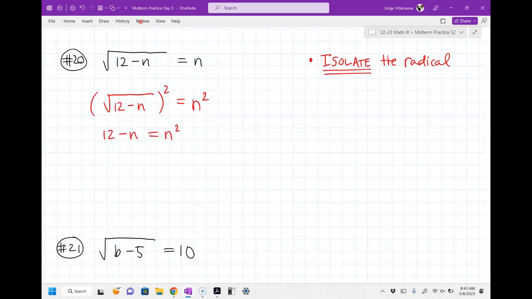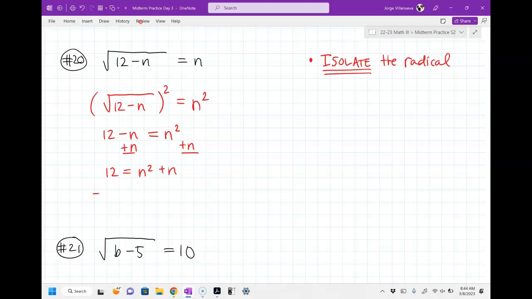Remember, you want to set this equal to 0. So I'm going to move my negative n to this side, and my positive 12 over to this side. So we'll add n. So that's 12 equals n squared plus n.